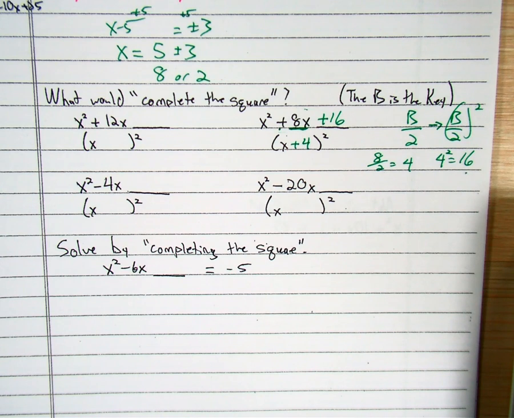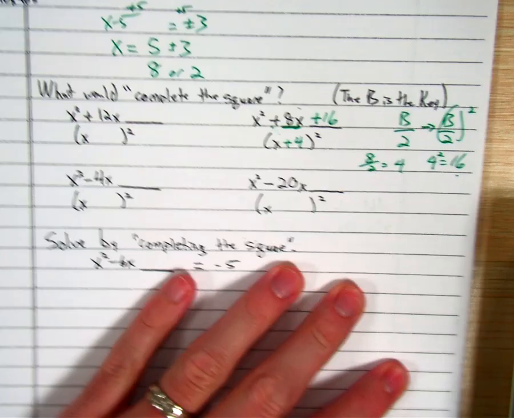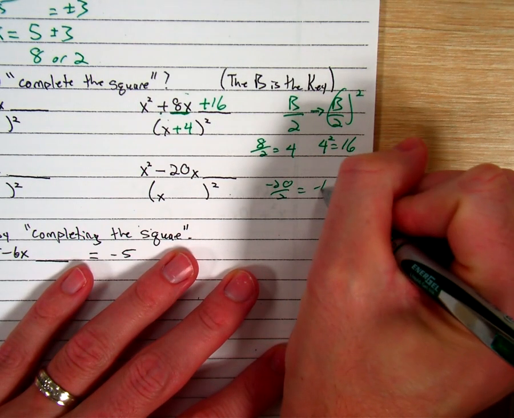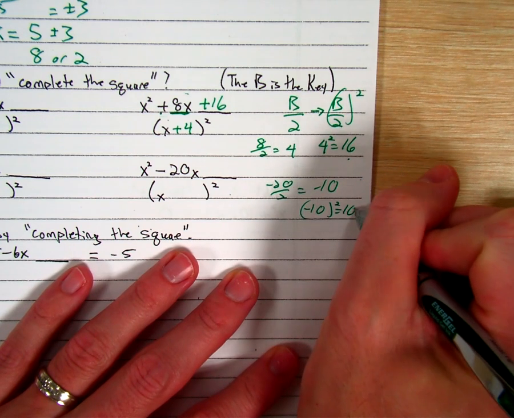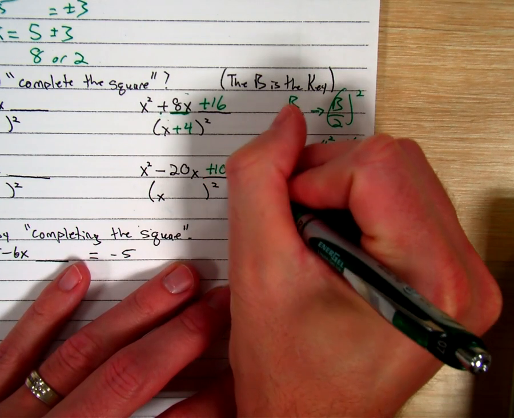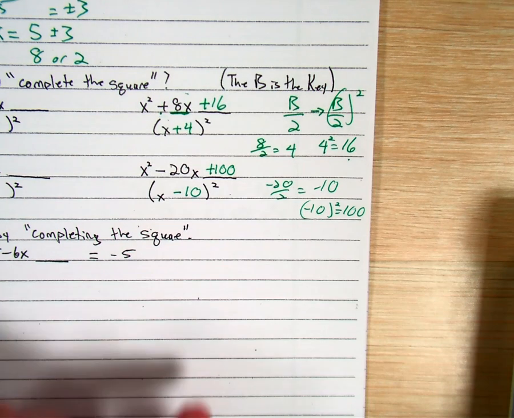Take a look at this minus 20x. If I take negative 20 and cut it in half, we're at negative 10. Negative 10 squared is 100. So I want this one to be plus 100, and this one is minus 10.